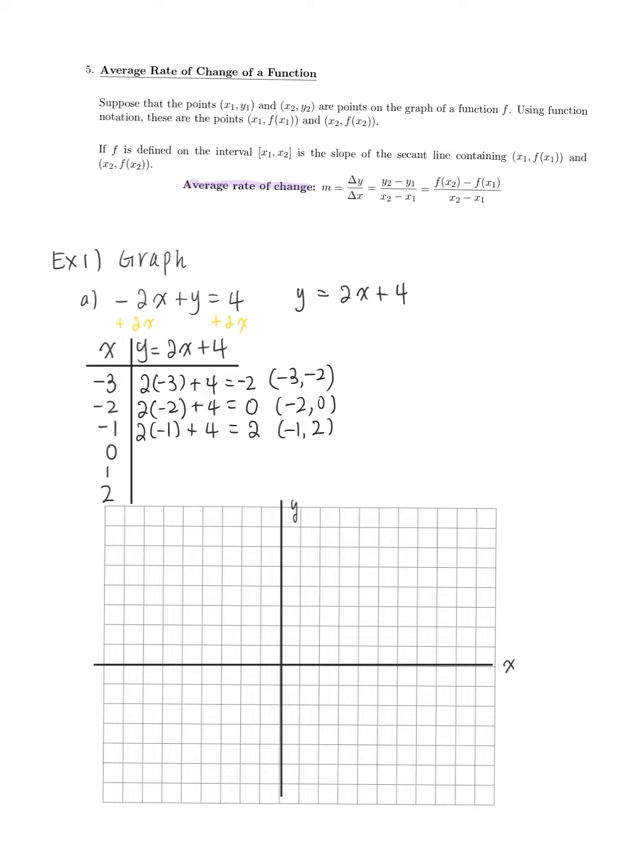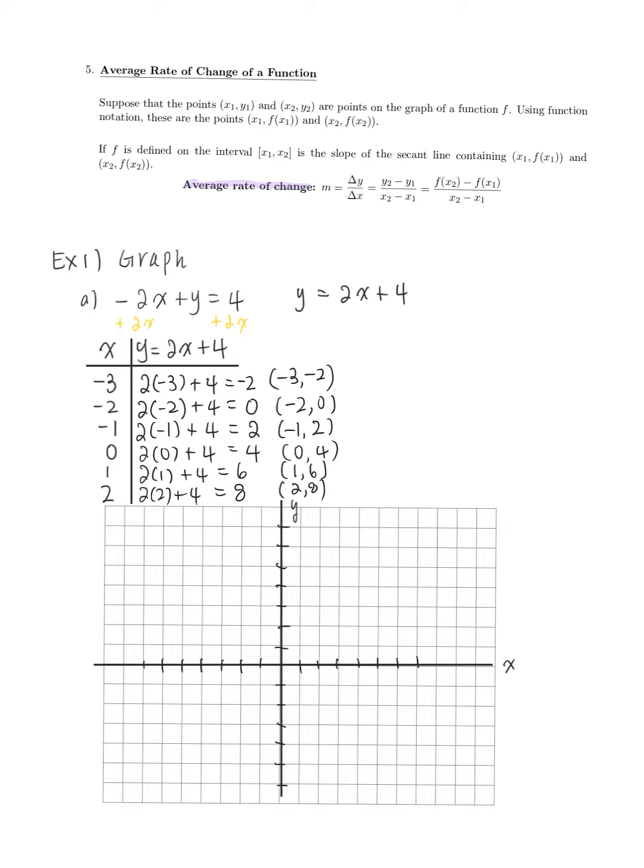And when x is 0, you're going to have 2 times 0 plus 4, which is 4. So we are plotting 0 comma 4. And when x equals 1, you're going to have 2 times 1 plus 4, so that's 6. So we got 1 comma 6. Oh no, I'm running out of room. And then when x is 2, you're going to have 2 times 2 plus 4. That's 8. So we'll be plotting 2 comma 8.